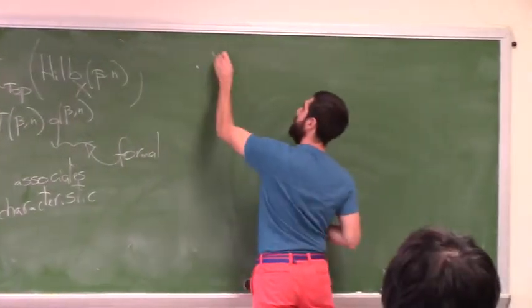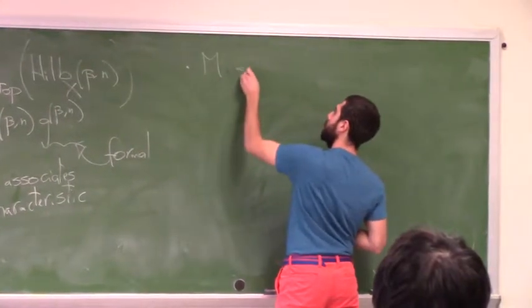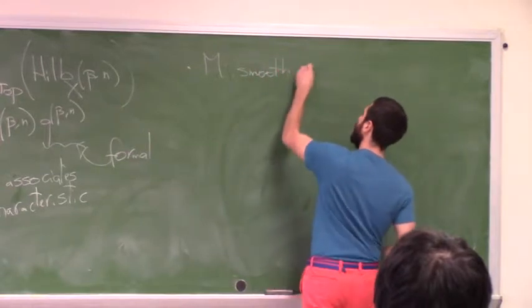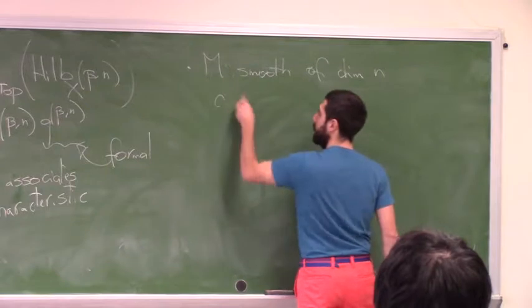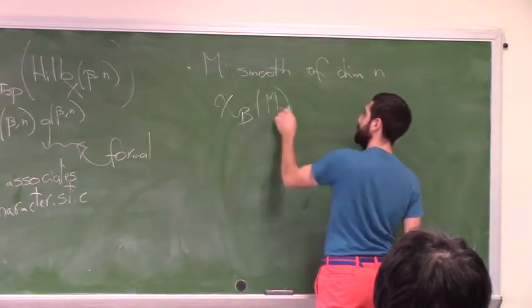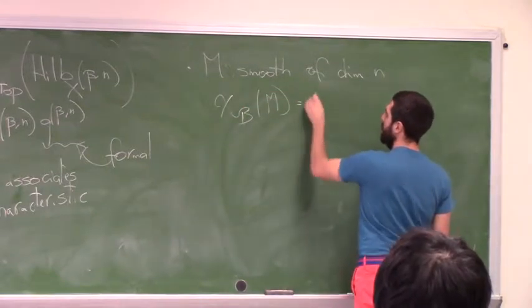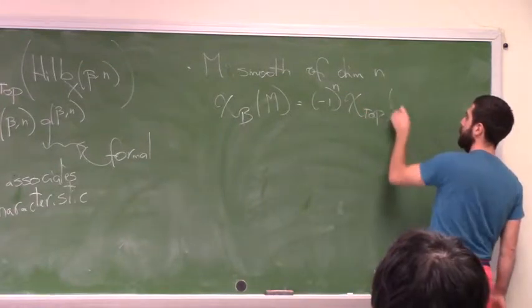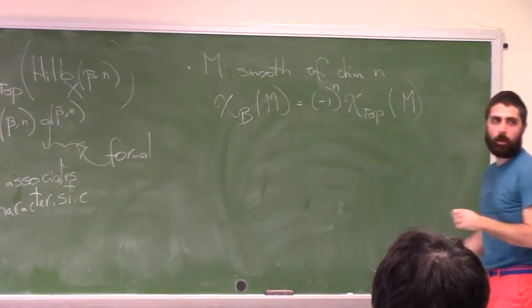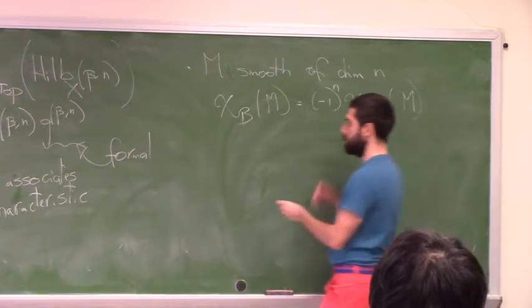So what is this? If M is smooth of dimension n, then the chi-Behrend of M is (-1)^n times the topological Euler characteristic of M. That's one property.